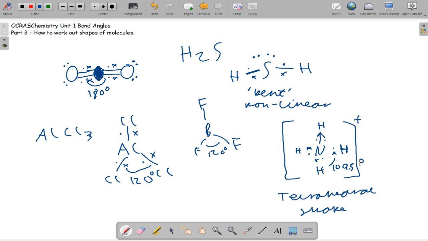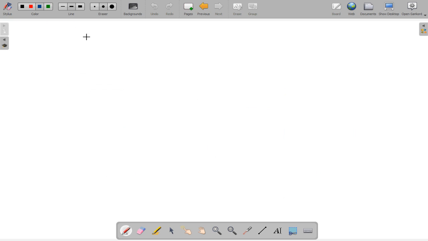And if we look at SO3 now. So sulfur here, 1 oxygen, 2 oxygen, 3 oxygen, bond, bond, bond.